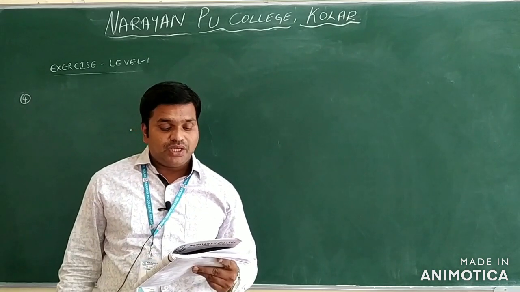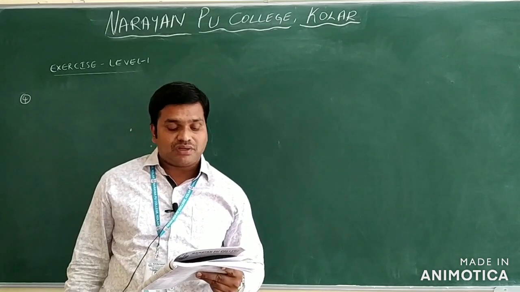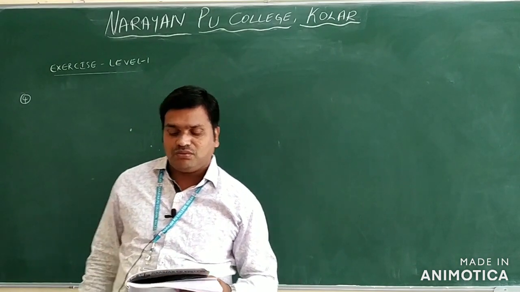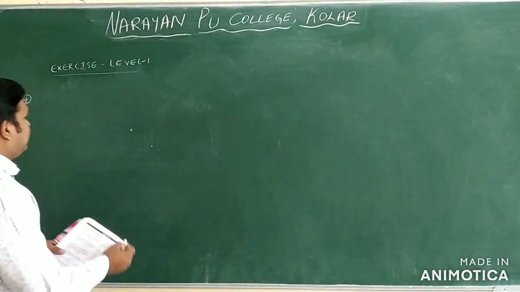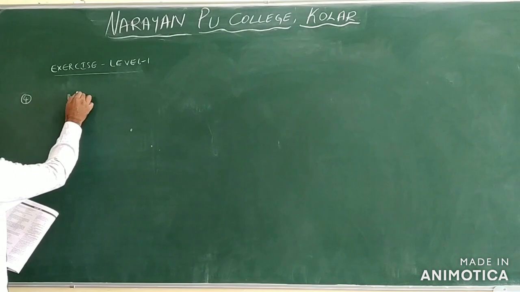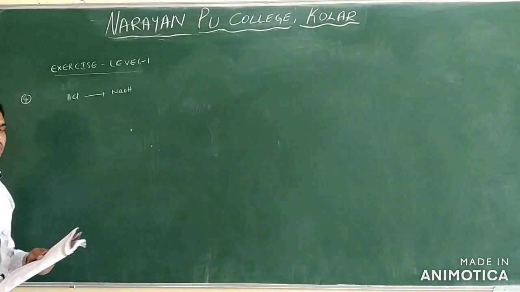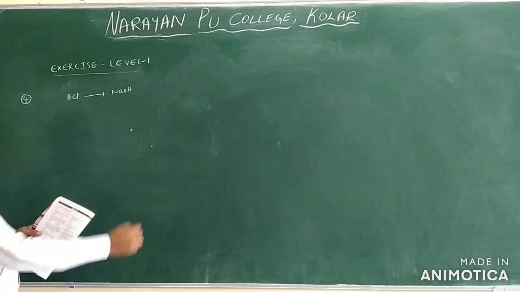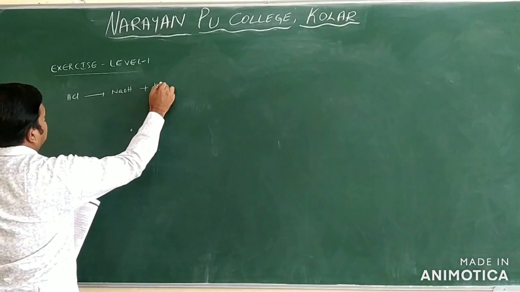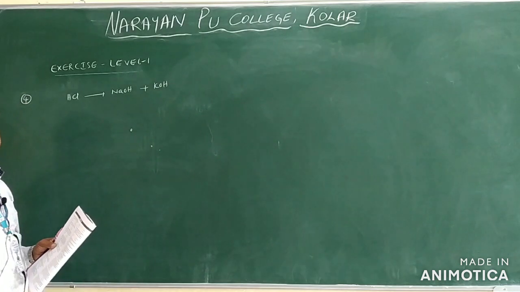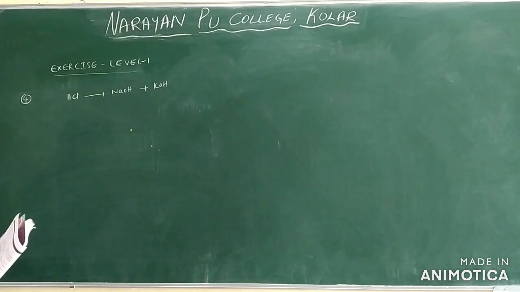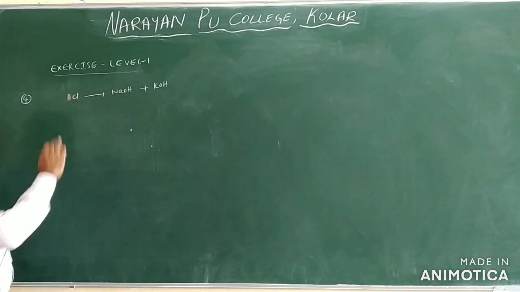The volume of KOH solution required for this titration is asked. Okay, so HCl they are taking here. The HCl titration is done first with NaOH. After that, they discontinue the titration, then again they are titrating with KOH only.